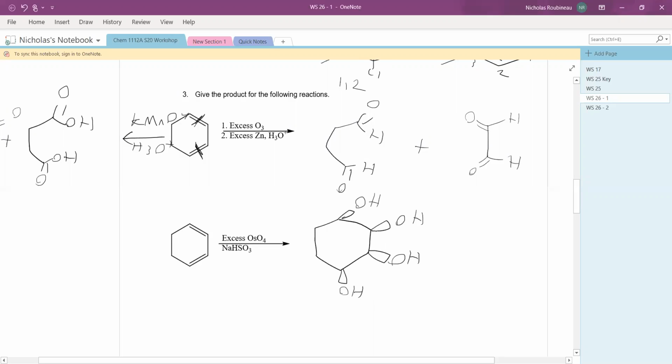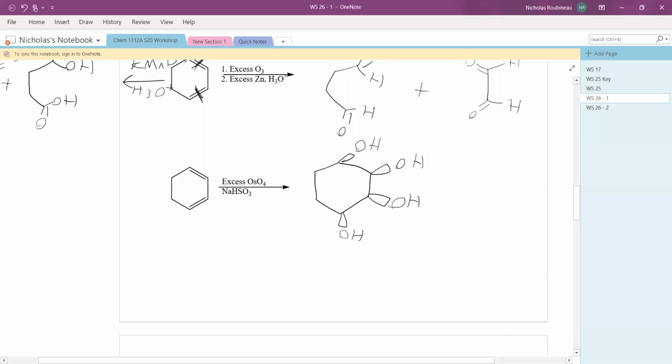So this is one product they could form. And suppose we get the two from one double bond as wedges, but then the other double bond gets dashes. Now the 1,2 diols on one double bond are trans to the 1,2 on the other.